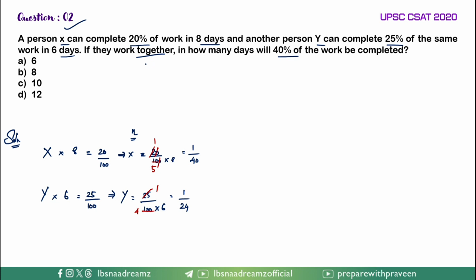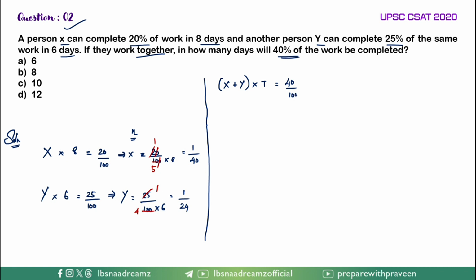We need to find, if they work together, in how many days they will complete 40% of the work. So X plus Y into T is equal to 40% of the work.